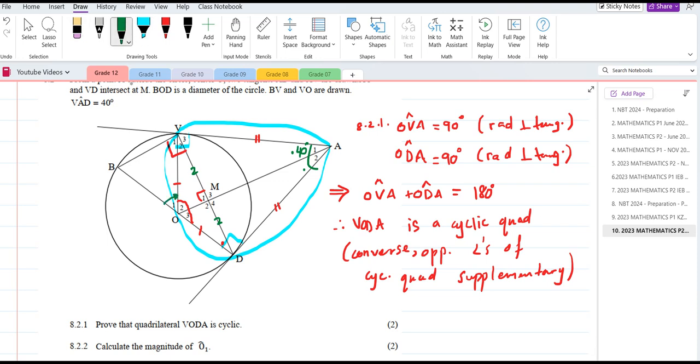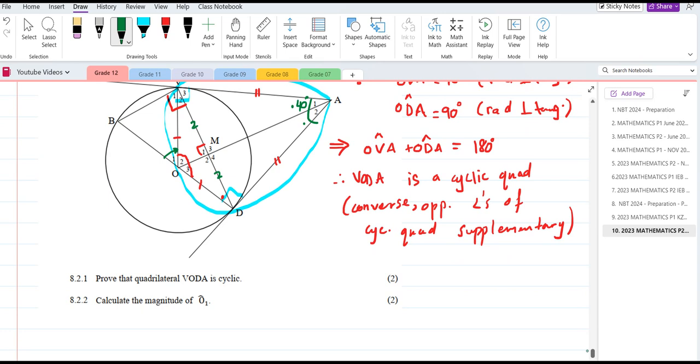Angle O1 is an exterior angle of cyclic quad. So angle O1 is also 40. We can write angle O1 is equal to angle A is equal to 40 degrees, because exterior angles of cyclic quad. What's the cyclic quad? VODA.